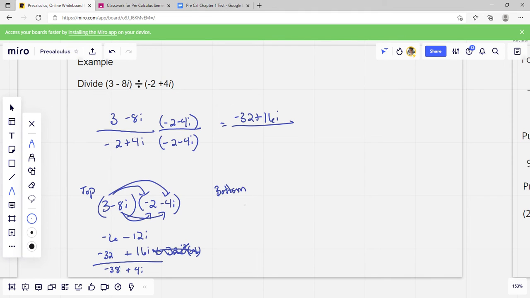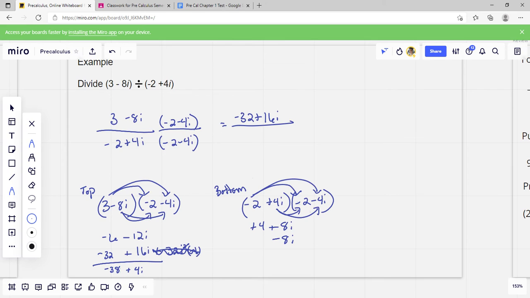Okay, so I'm going to have negative 2 plus 4i times negative 2 minus 4i. And this is where it should get rid of all of my i terms. So I'm going to have negative 2 times negative 2 would be positive 4. And then I'm going to have negative 2 times negative 4i, which negative times a negative would be a positive. 2 times 4 is 8i. Now here I'm going to have 4 times negative 2, which would be negative 8i, and this one's going to be negative 8i.